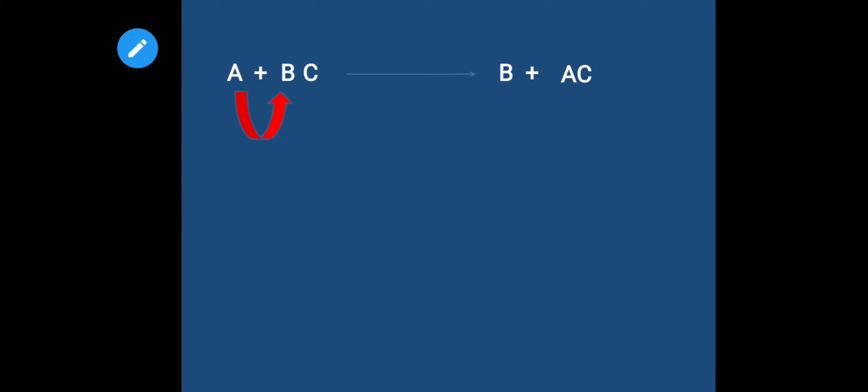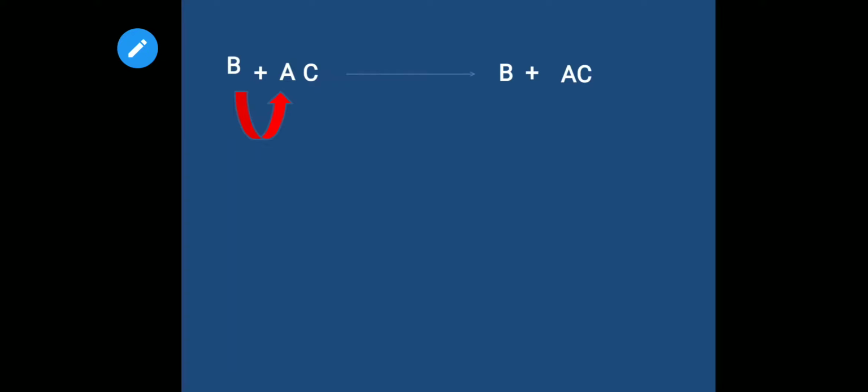Now A is more reactive than B, so A is going to displace or push off B and combine with C. You can see here A is more reactive and displaces B and takes the place of B. So here we'll get AC and B as products, and this is the displacement reaction. As we saw here, more active element A displaces less active element B.